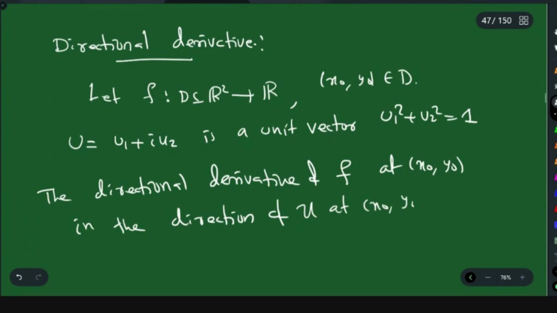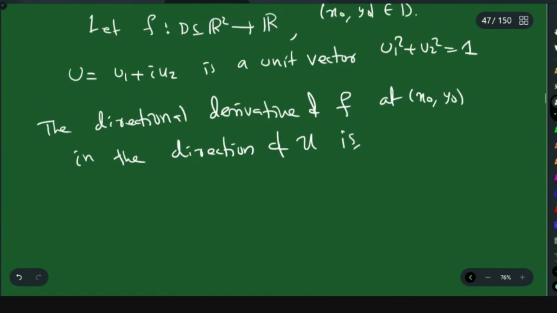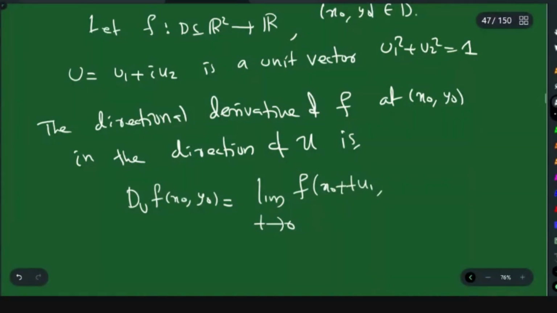The directional derivative of f at x naught y naught in the direction of u is denoted by du f at x naught y naught. This is equal to the limit as t tends to 0 of f of x naught plus t u1, y naught plus t u2, minus f of x naught y naught, divided by t.